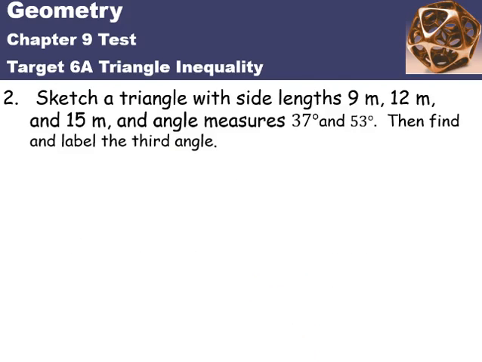Alright, next slide. We have to sketch a triangle with side lengths 9, 12, and 15, and it has angle measures 37, 50, and 53. And then we have to find and label the third angle. So before we can draw it, we have to figure out the third angle. So we're going to take 37 and 53. 37 plus 53 plus x equals 180, because remember, all the angles of a triangle have to add up to 180.